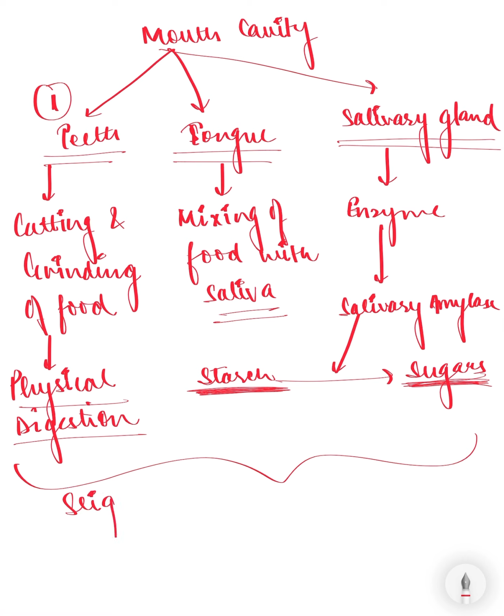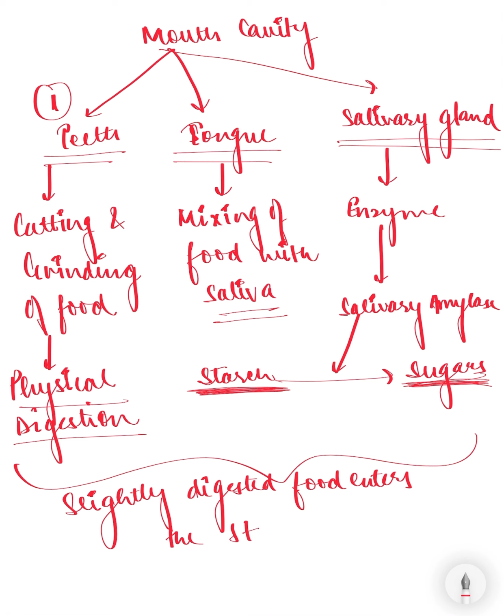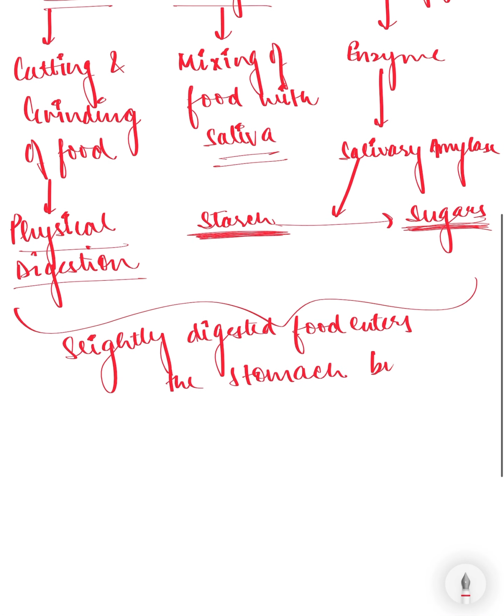Now from the mouth cavity, the slightly digested food enters the stomach by using a small tube which is called the esophagus.